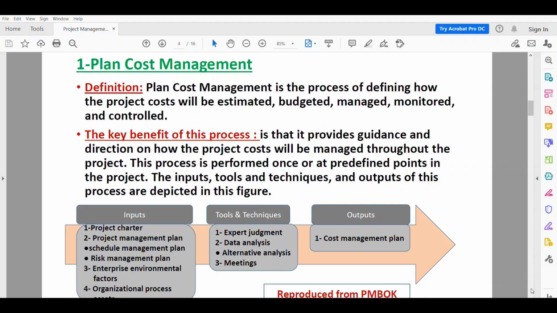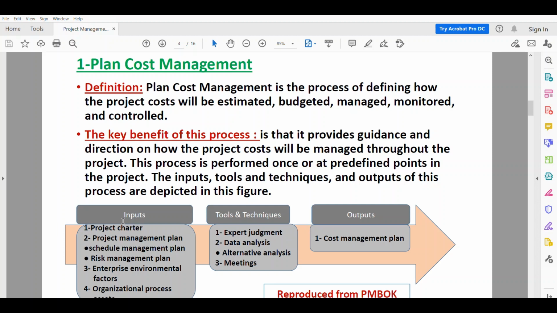The inputs, tools and techniques, and outputs are depicted in this figure, which is taken from a PM book. The inputs to this process are the project charter, which we talked about before, and the project management plan. We have the schedule management plan, which is part of the project management plan, and the risk management plan, which is also part of the project management plan.